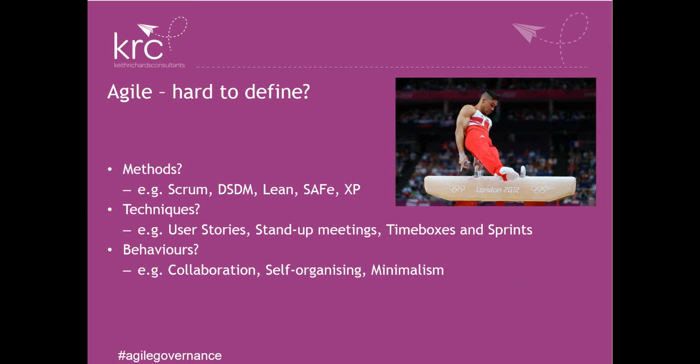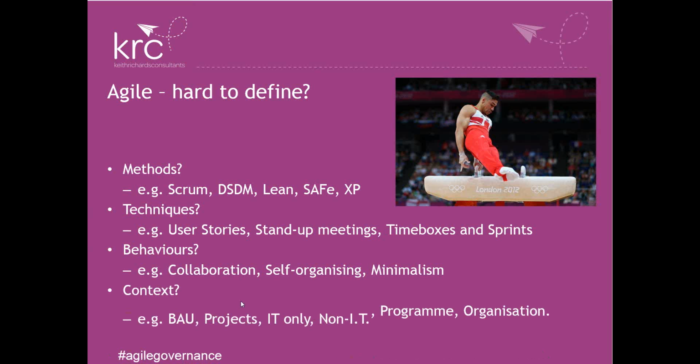And this is why, when I talk about Agile governance, what you need to be thinking of is how do I check this stuff is okay? It's very easy to pick up a user story and examine it and say, yes, this one's quite good, or this one isn't so good. But how do you examine and audit something like a behaviour? Is someone a team player, or is there some baggage going on?